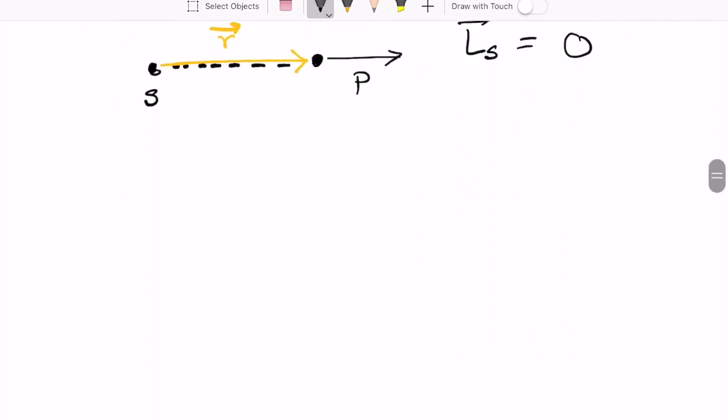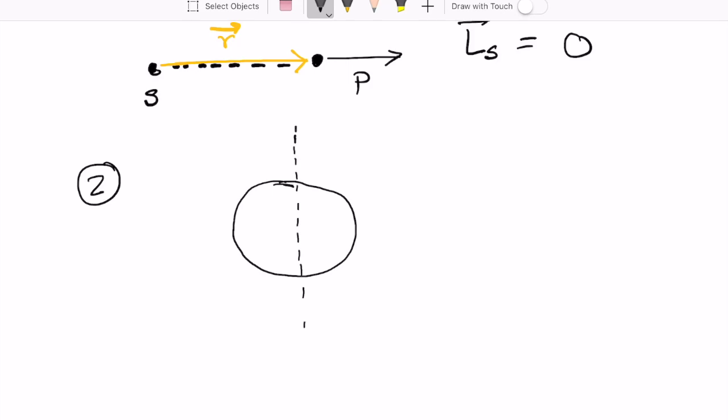Okay, now let's move on to the angular momentum of an extended object or rigid body that's rotating about an axis of symmetry. So one example could be a sphere. I'm drawing this as a circle, but this is a sphere that's rotating about an axis which passes through its center. The sphere is rotating like that.